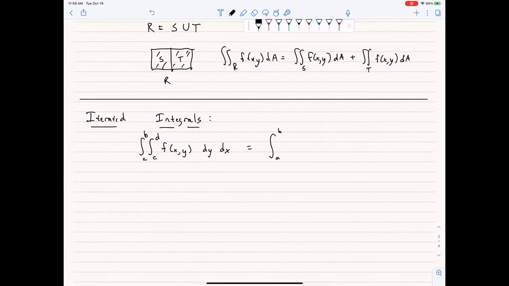The iterated integral is sort of like a partial derivative, in a very loose sense, in that it says: do the one variable thing, keeping the other variable constant. And then do it one at a time. We'll do an example in a moment.